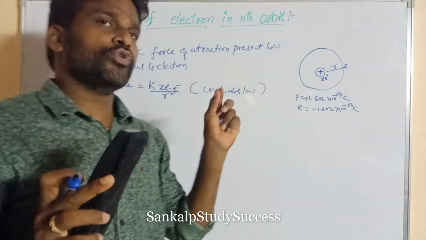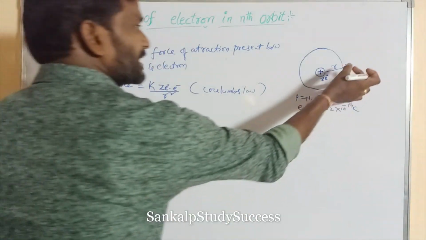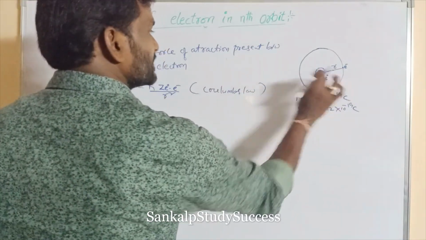The charge of the electron is e minus and the charge of the nucleus is Ze plus, and the distance is R square.